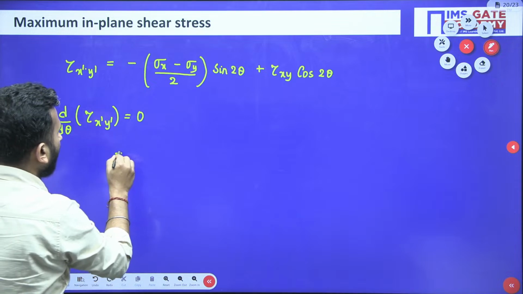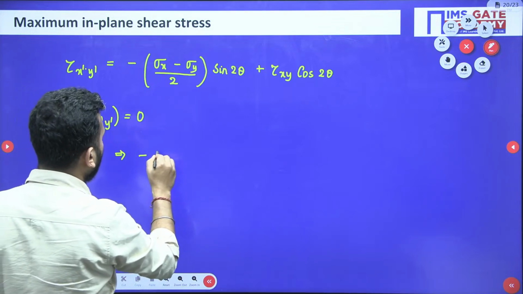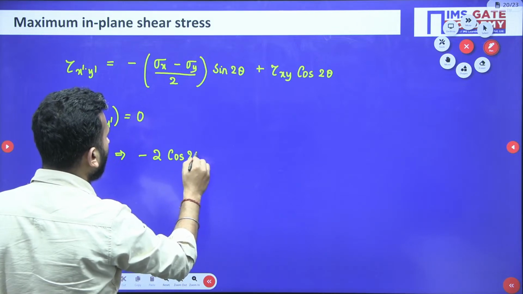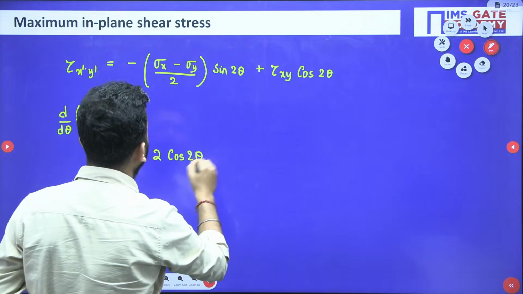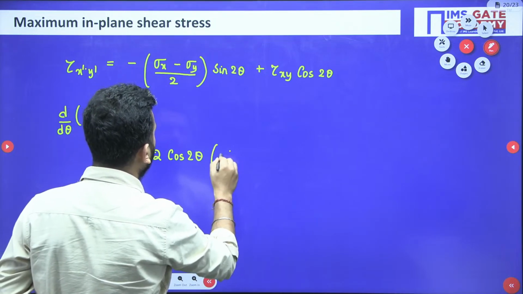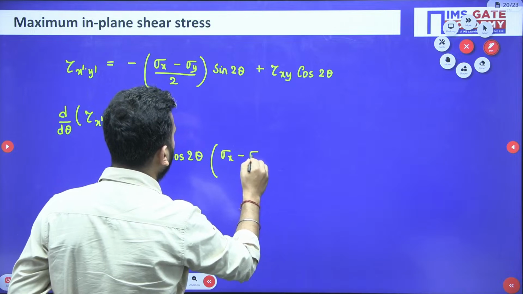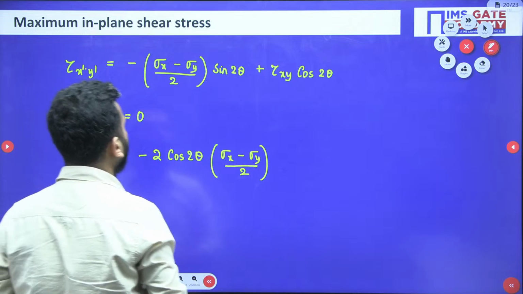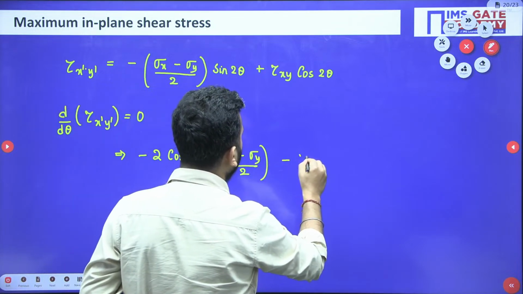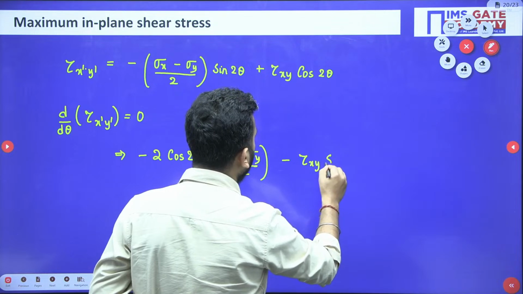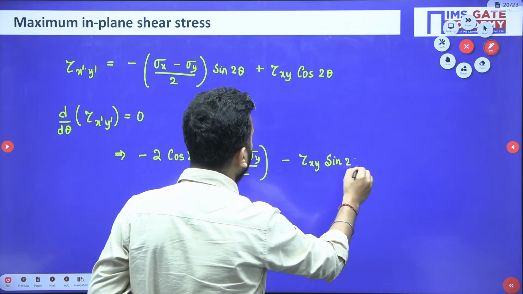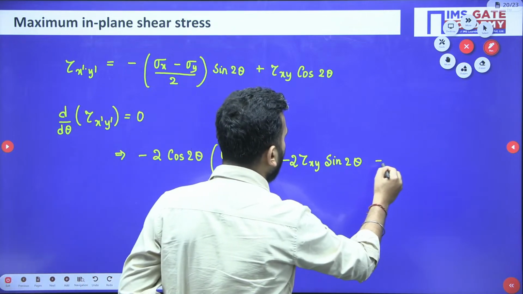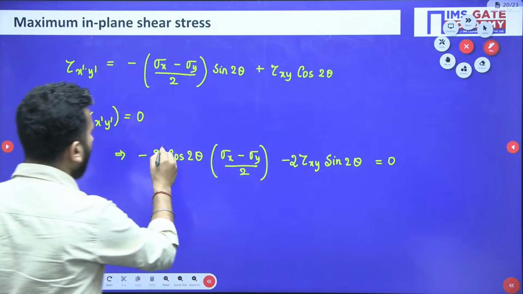I will differentiate with respect to theta and put it equal to 0. So if you differentiate this, you will be getting minus 2 cos 2 theta, minus sin 2 theta 2 tau xy, and equate it to 0. So 2 and 2 will get cancelled out.